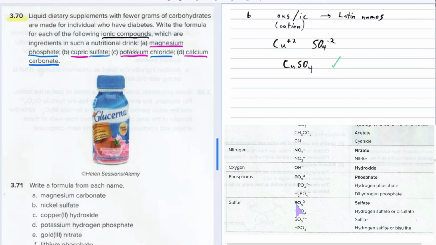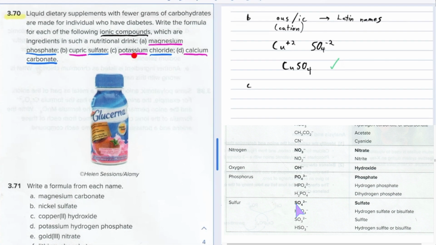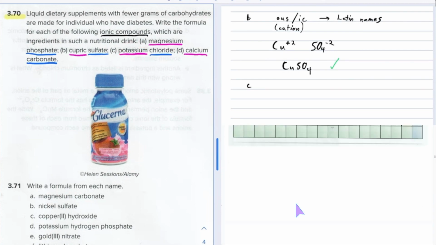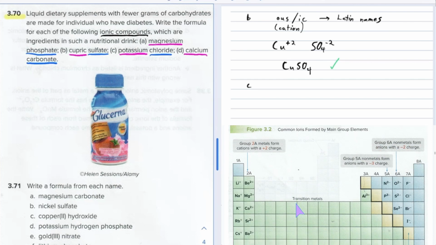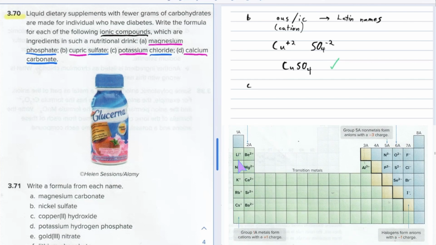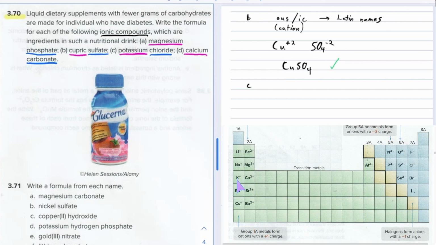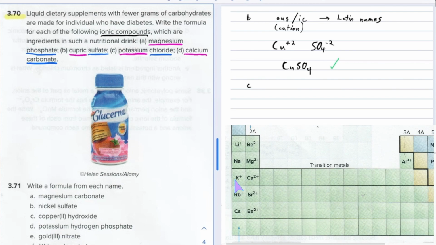Okay, let's do C. C is potassium chloride. This is an easy one. Okay, potassium is one of those alkali metals. It's in the +1 column. There it is. Potassium is always +1 in an ionic compound.